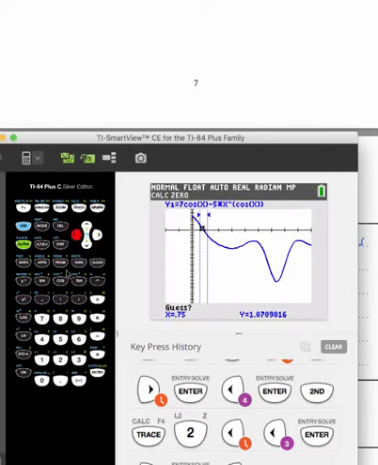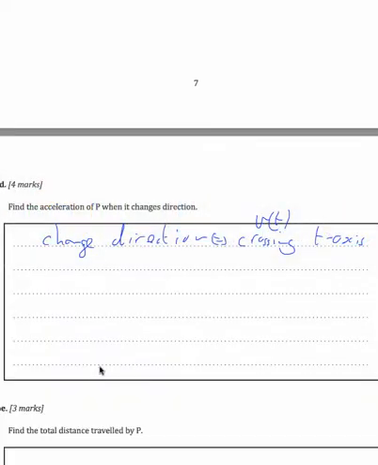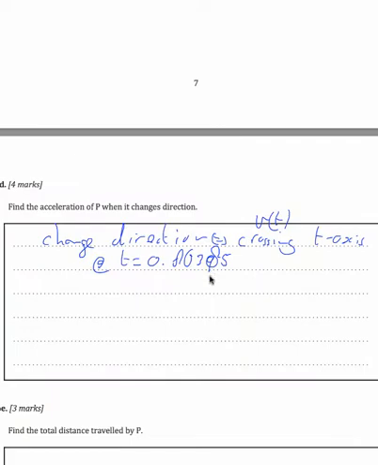And then to a guess. 0.8639. Okay, so this happens at t equals 0.86385. Okay, good.